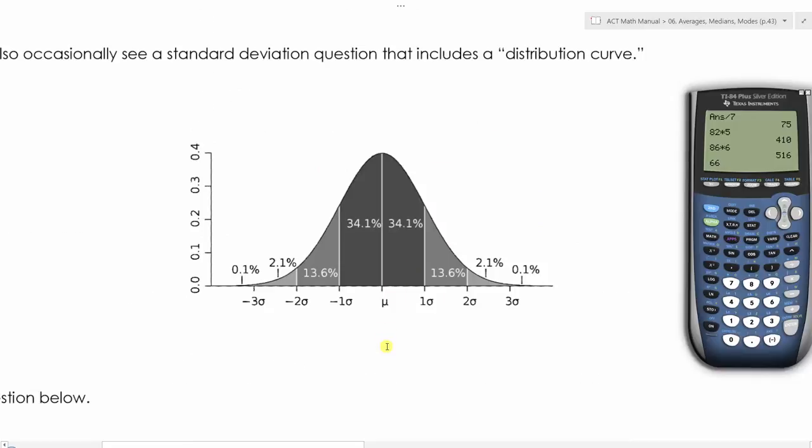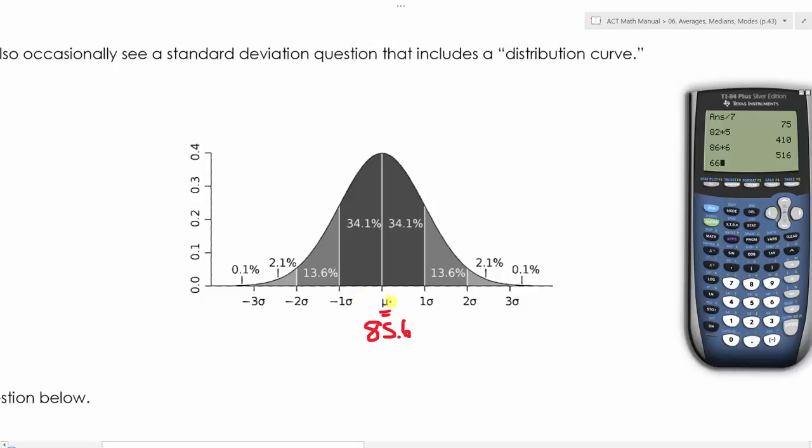Now keep in mind, this is a standard distribution curve. Do you need to understand exactly what a standard distribution curve is or when it would result? No. What you need to understand is that if you see a distribution curve, you're going to have to be able to interpret it. So remember, our class average, the mean, this little mu symbol, was 85.6.